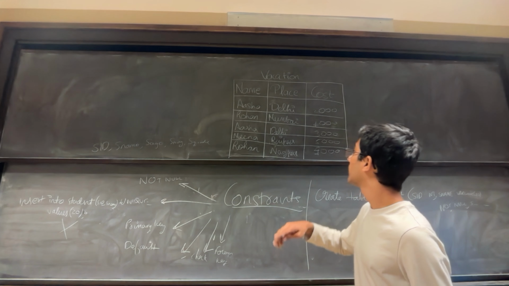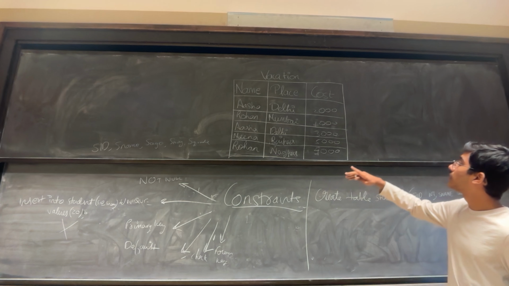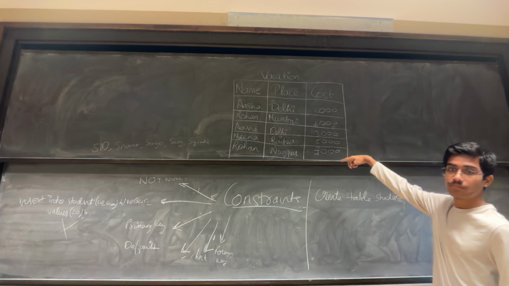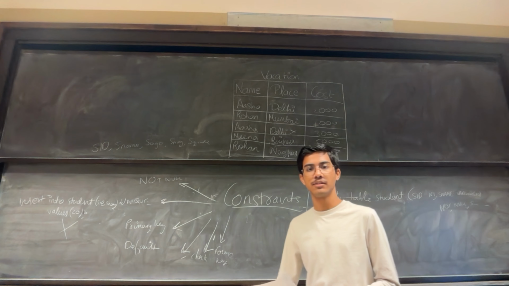Okay, so if I was to say, is the cost column here unique? That's true, no 2 costs are the same. But is my place column unique? Well, it's not unique because I have Delhi repeating twice. If I would have made my place column unique, then the second value of Delhi would not have been accepted when I was trying to enter it.